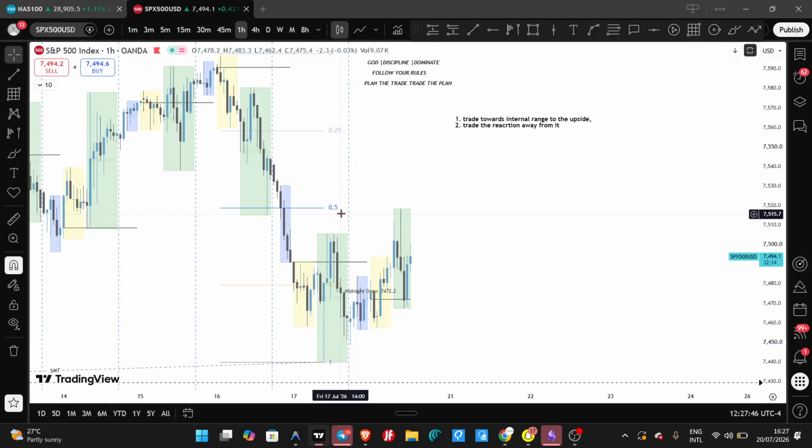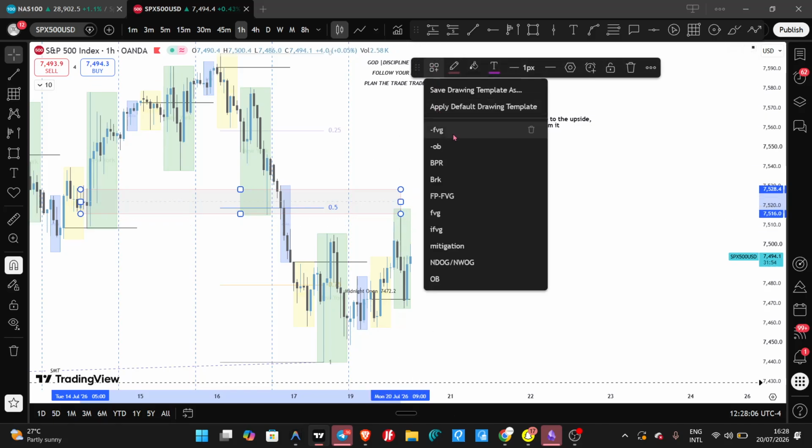And as you can see, 50%, which is 0.5, aligns perfectly with where the market reversed. Oh my days, this is so clean. And if you're an ICT trader, you would see this breaker block was also your point of interest.